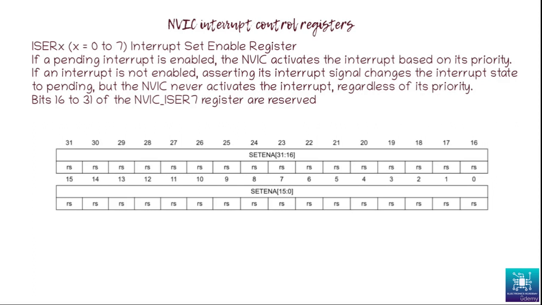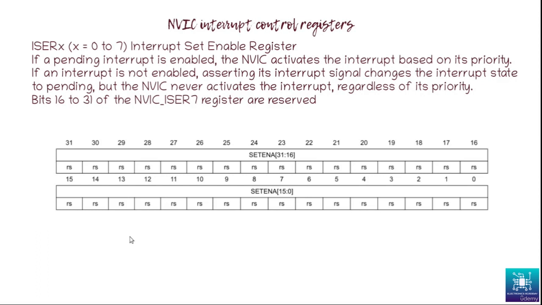We have the ISER, or interrupt set enable register, and there are 8 interrupt set enable registers ranging from the number 0 to 7, and what these bit fields do is enable the particular interrupt that this particular bit field corresponds to. So this is interrupt number 0, interrupt number 1, and it goes on.